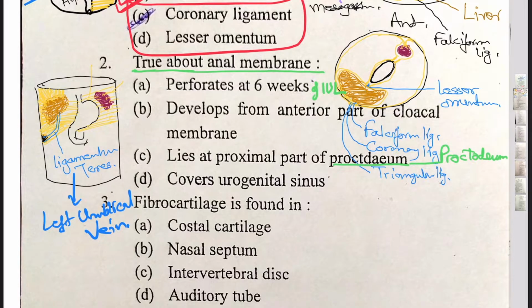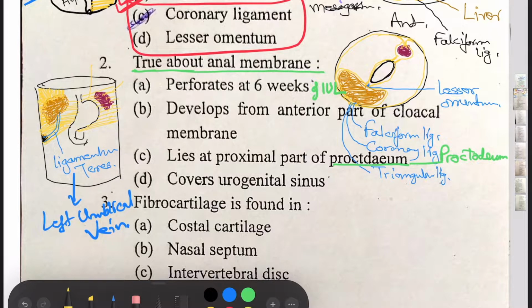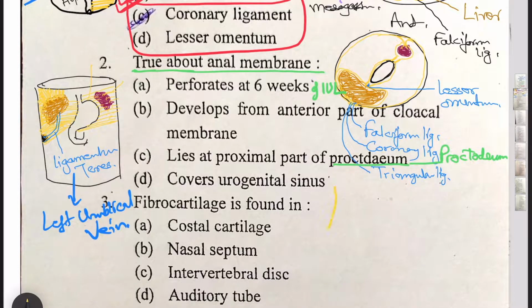Select the correct statement. Now look here, what I'm drawing here is the distal most portion of the developing GIT. That's called the cloaca. This cloaca has an anterior continuation reaching towards the umbilicus. So this is the portion here. This is the portion of the hindgut, and this is allantois.